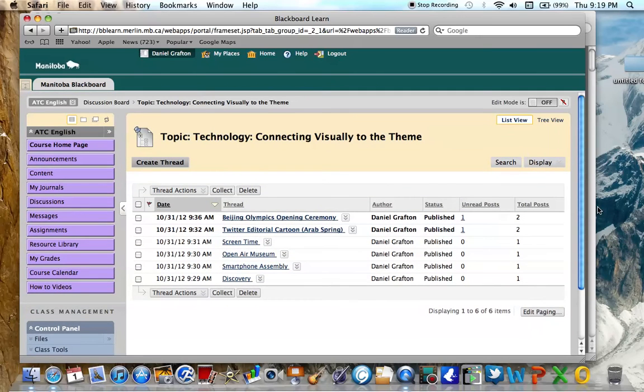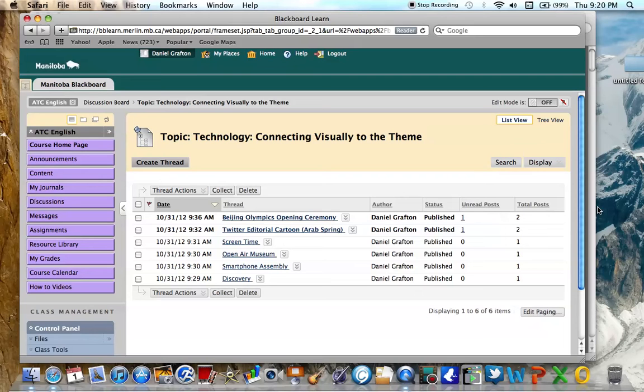This goes back to some of the things we learned in the Power of Photography unit, and it connects well to the provincial exam as well. In the provincial exam, you're often given a visual related to the theme of the exam and asked to break that visual down, to deconstruct it, to connect the visual to the theme of the exam.